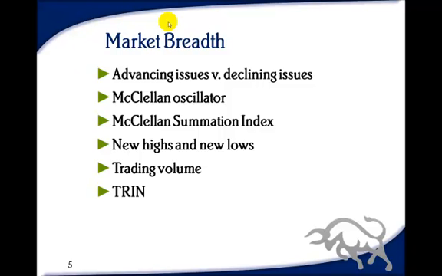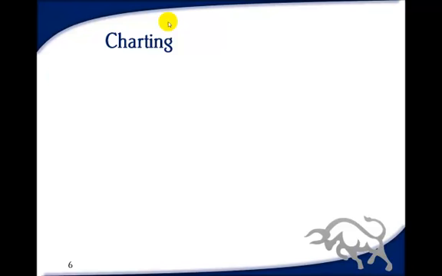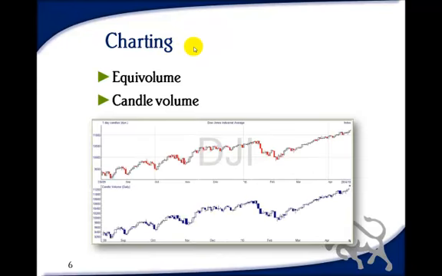Richard Arms, I think it was 1983, invented the equivolume chart. If you look at the further charting modules, the candle volume charts, the equivolume is similar. It was invented before it was discovered in the West. The equivolume chart has a rectangle for each day, for each period, and the width of the rectangle is proportional to the volume traded, and the length of the rectangle is the whole range of trading from the lowest to the highest prices traded that day.